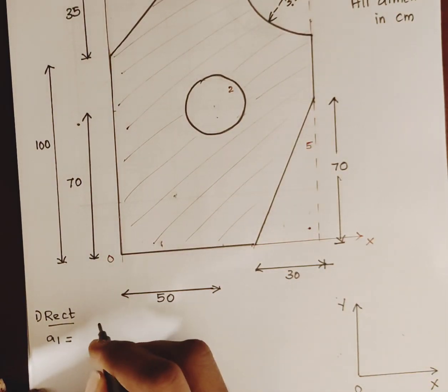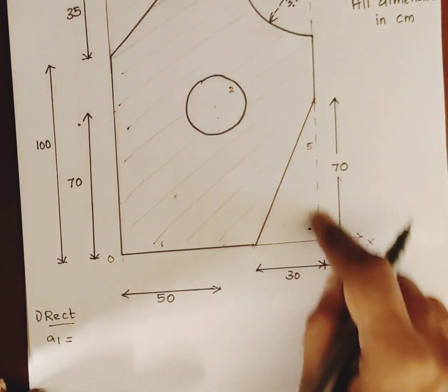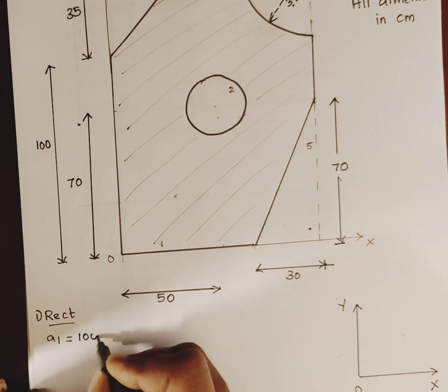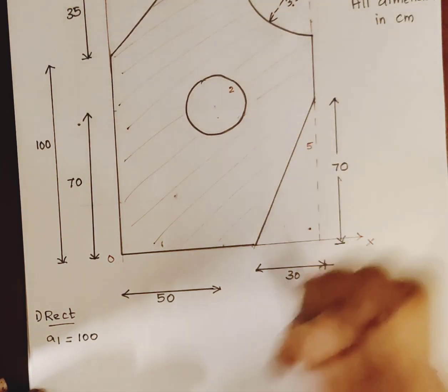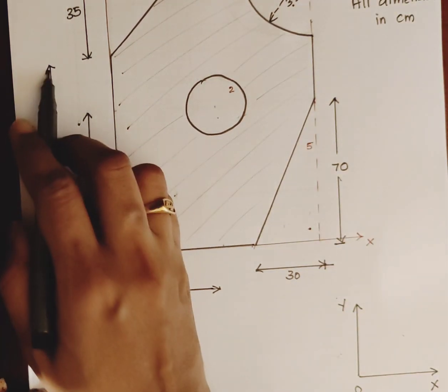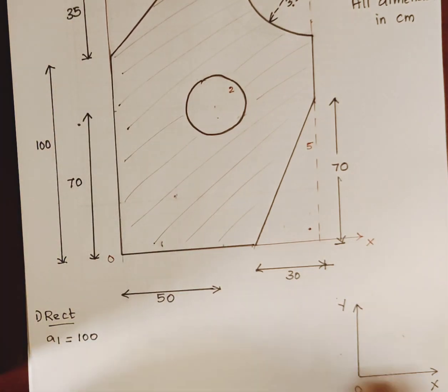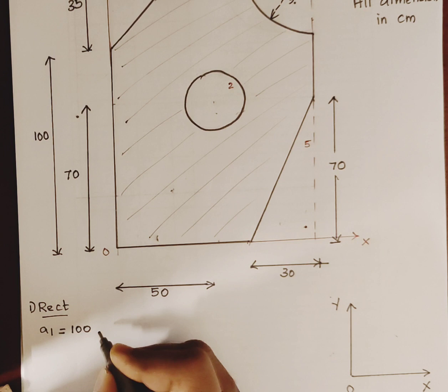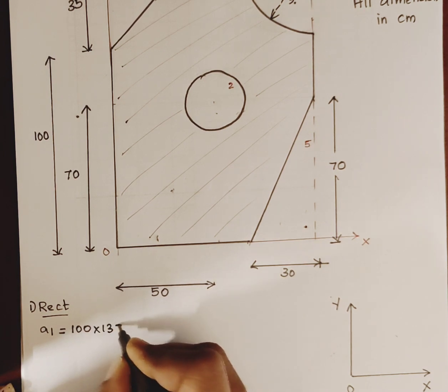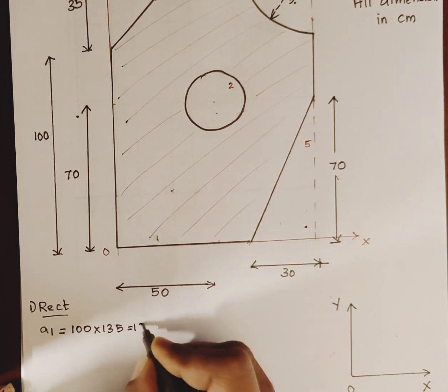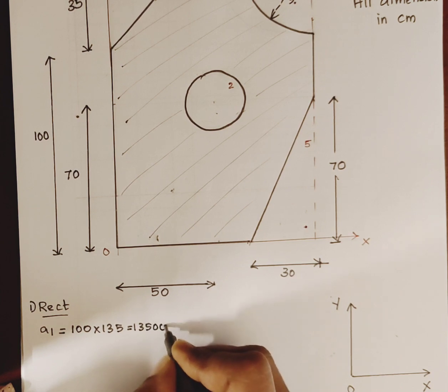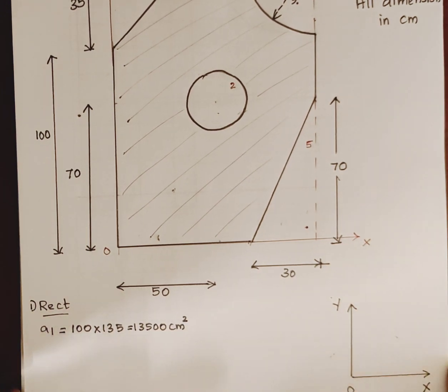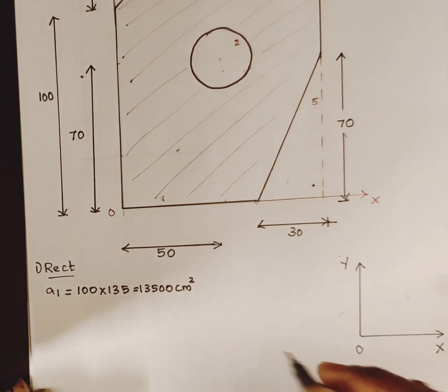The area of the rectangle is width into depth. Width is equal to 100, then the depth is equal to 100 plus 35, so into 135. That is equal to 13500. All the dimensions are in centimeter, so the unit is centimeter square.